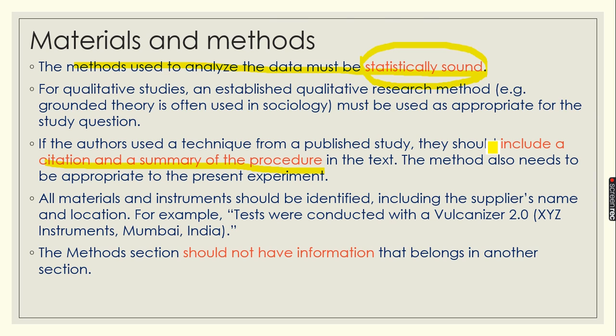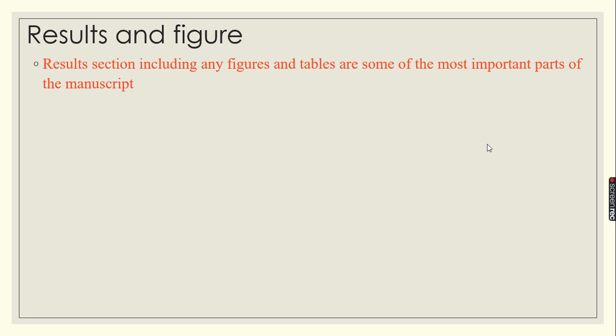Now in the next two slides we will be discussing results and using figures or even tables. How should we write, how should we take care about results and probably figures, tables, those aspects.